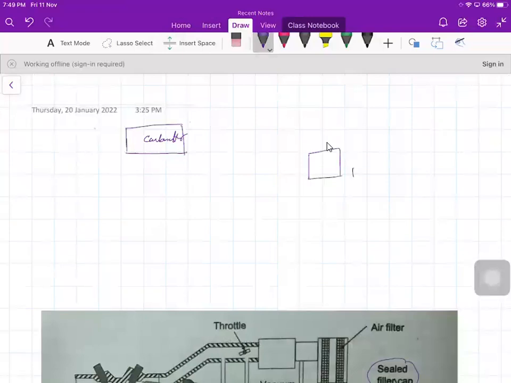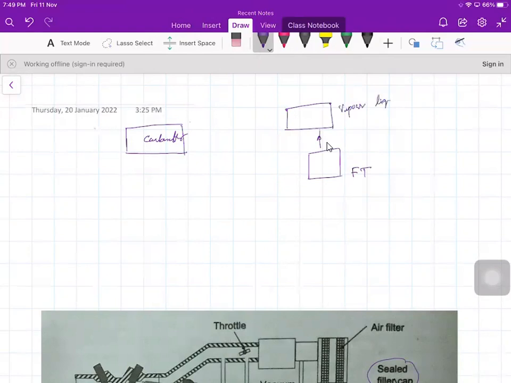This is your fuel tank. And from the fuel tank, it is sent to another compartment, that is the vapor liquid separator.